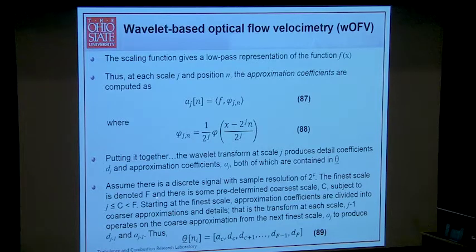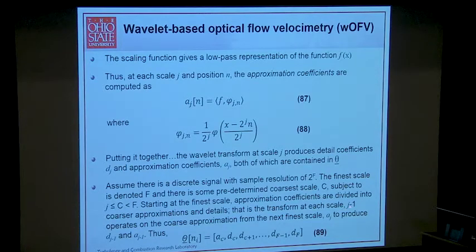The finest scale is denoted F, and then we have some predetermined coarse scale, C, so C has to be less than F. If we start at the finest scale, we can take a wavelet transform, and we end up with an approximation coefficient and detailed coefficients. As we keep working down the scales, these approximation coefficients keep getting split into coarser and coarser approximations, but we leave the details at each scale.